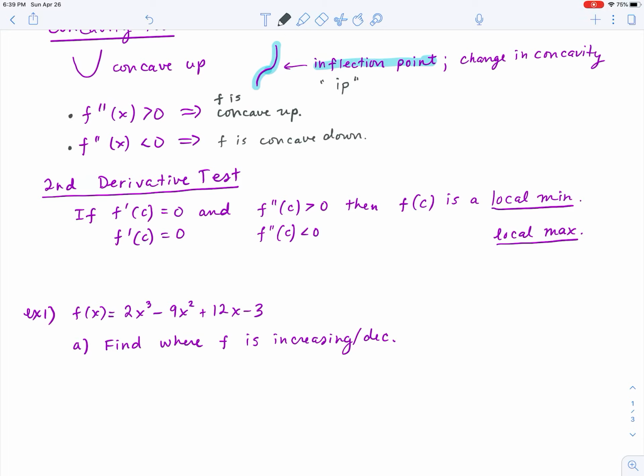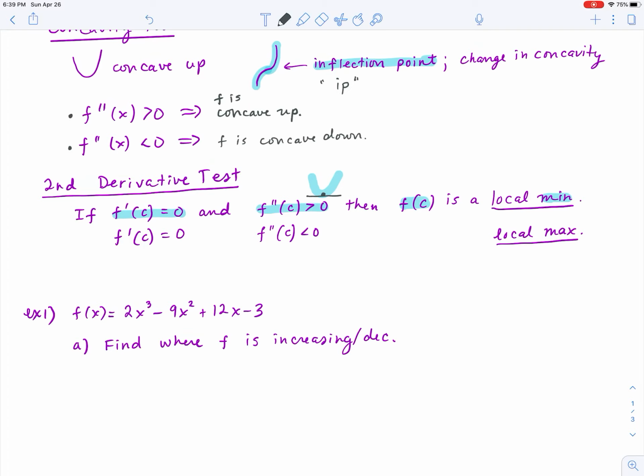But the second derivative test tells you that if f prime of c equals 0, so this is where you have a horizontal tangent, and you have concave up, then f of c is a local min. So we're concave up, and the derivative is 0 at the point.